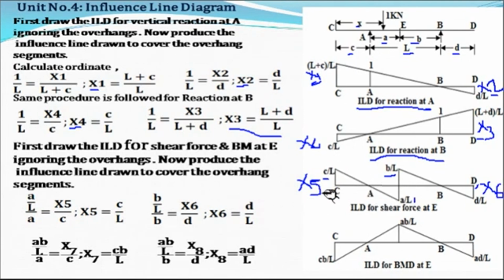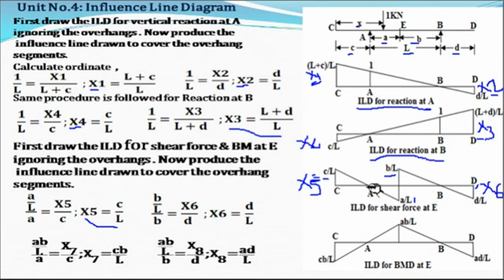Now this x5 will be equal to A upon L. Then this length AE, which is A, is equal to length CA, which is small c. So A is equal to C. So the value of x5 is C upon L.